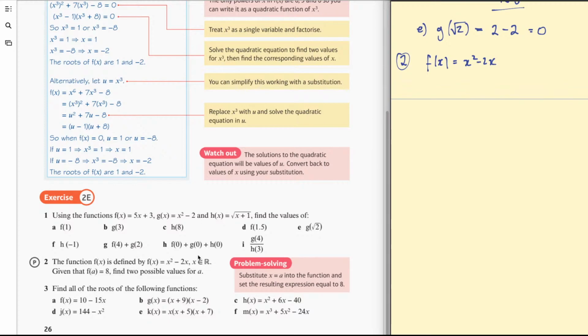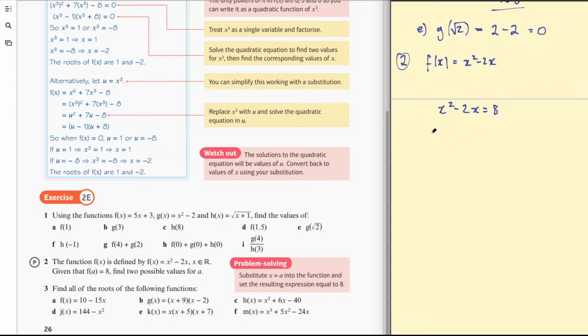So this is kind of the inverse of what we were just doing. We want to set this function equal to 8 and then find a. So what we do here is we say that this expression over here, x squared take 2x equals 8, and then we can find the value of x, which will be our value of a.